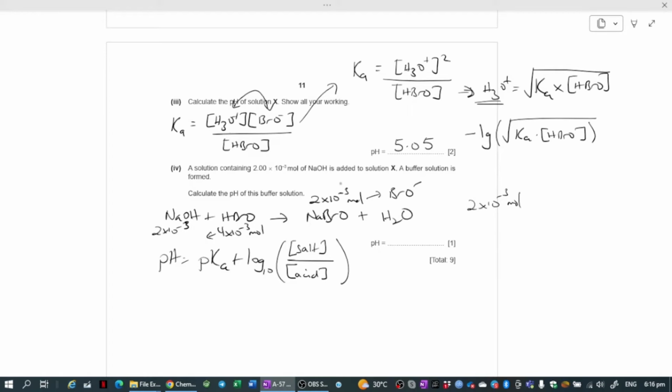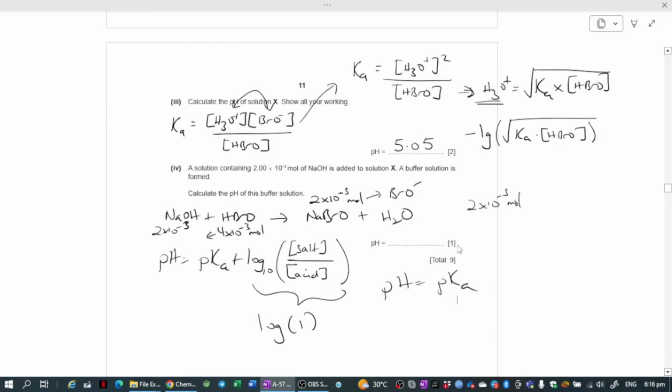What happens here is that the log term, the concentration of the salt over the concentration of the acid, becomes 1. You end up with log 1 when you do your substitution, because we have 2 by 10 to the minus 3 moles of salt and 2 by 10 to the minus 3 moles of acid remaining. And from math, log of 1 is simply 0. So the pH actually becomes equal to the pKa.